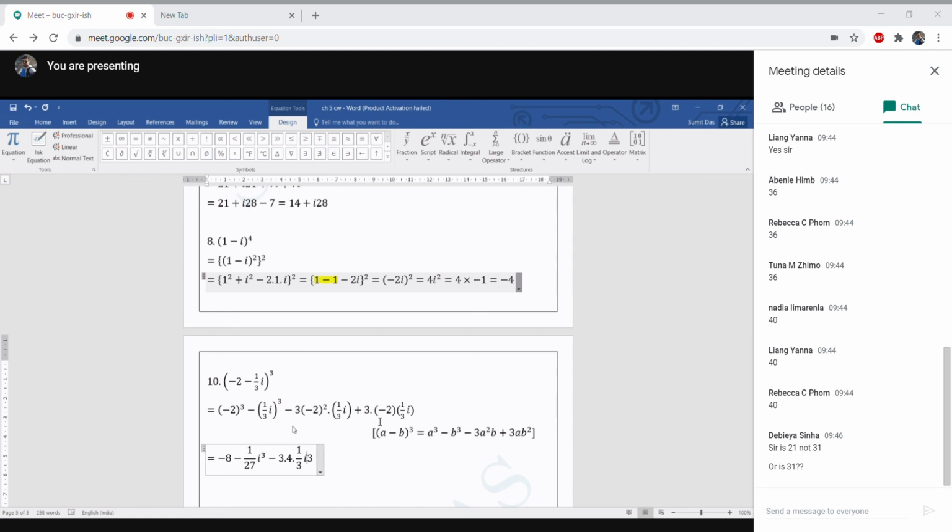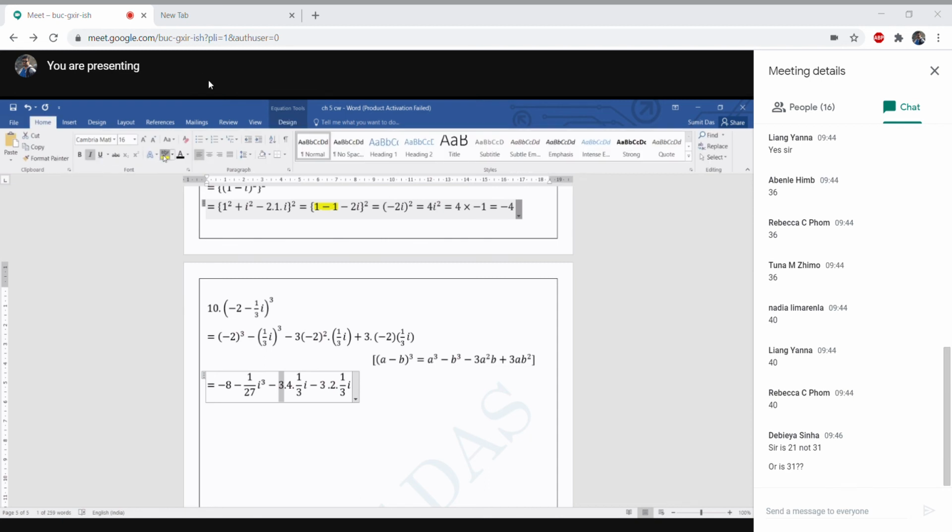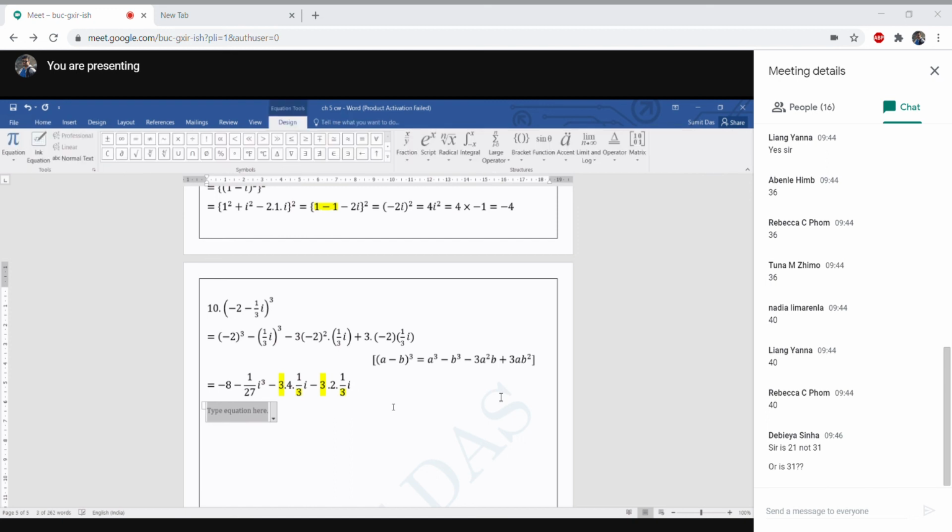Why? Look, minus 2 is there, so it will be minus 3 into 2 into 1 by 3i. So let's see what we can cancel from here. These 3 and this 3 will cancel, and here these 3 and these 3 cancel. So next line it will be equal to minus 8 minus 1 by 27.